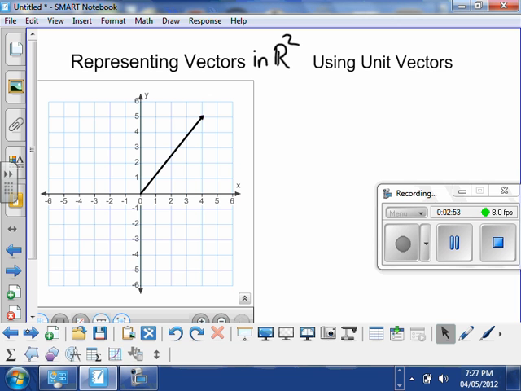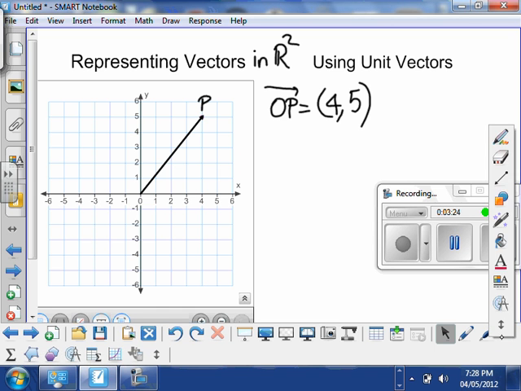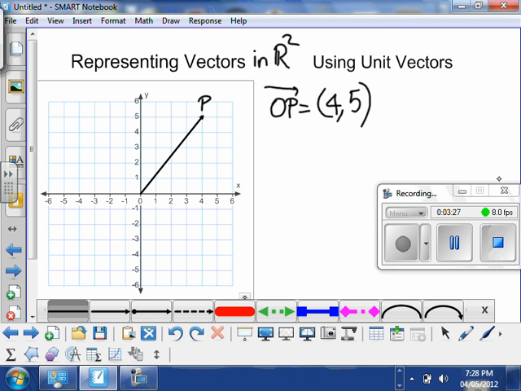What vector did I represent here? This is a position vector, OP, and OP can be written as, what's my x-coordinate? It's 4. What is my y-coordinate? It's 5. How can I write that using my unit vectors? Well, I hope you don't mind if I write this vector as the addition of the following two very special vectors.